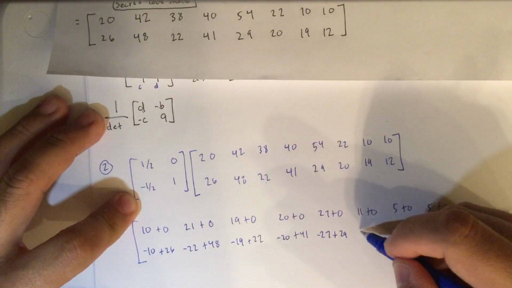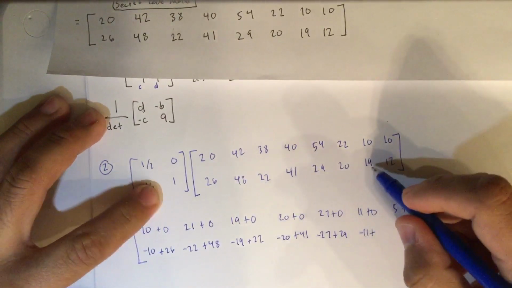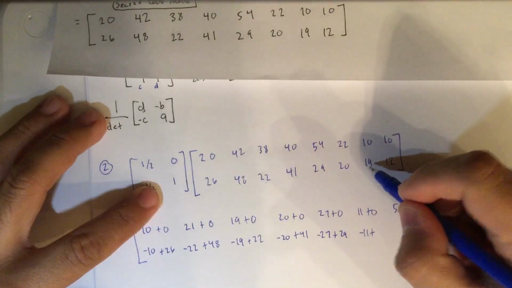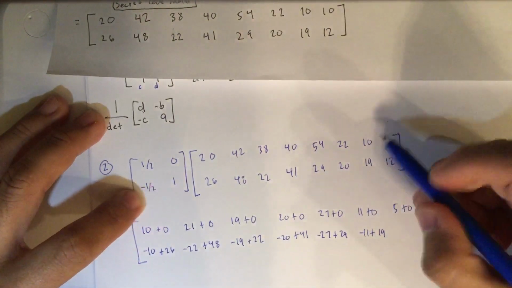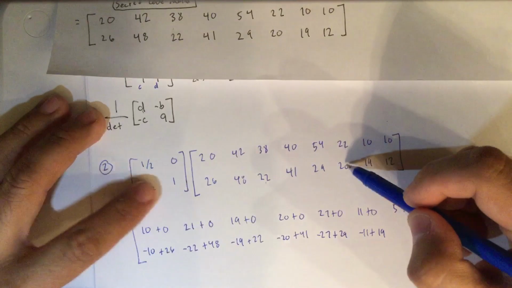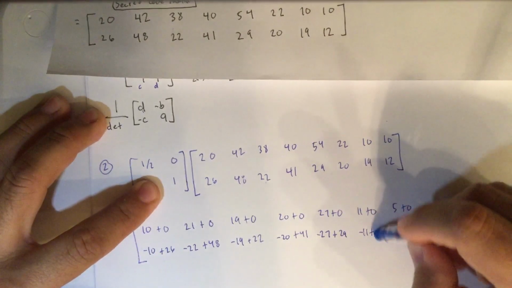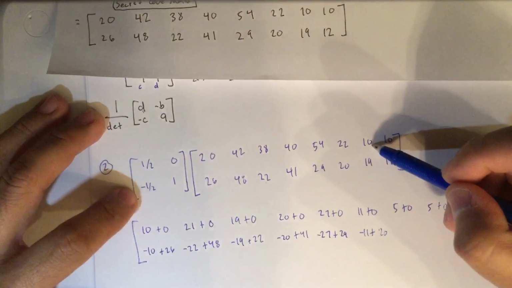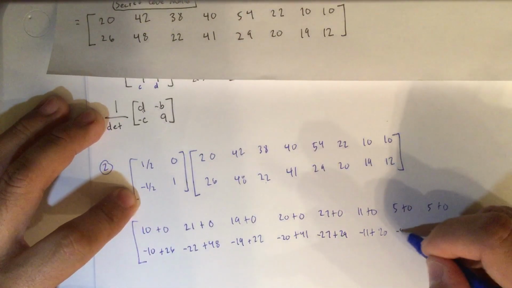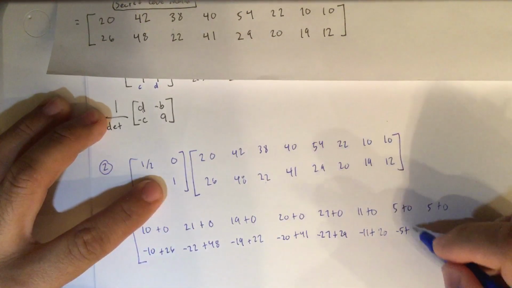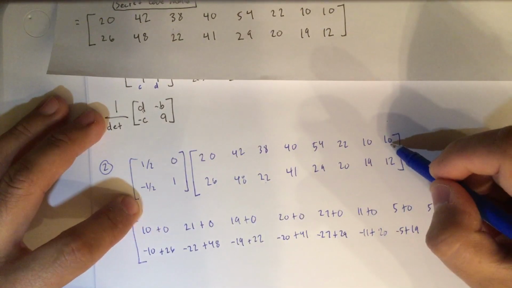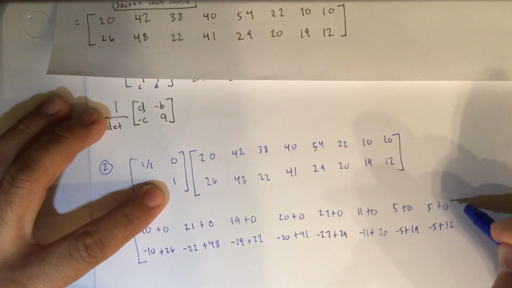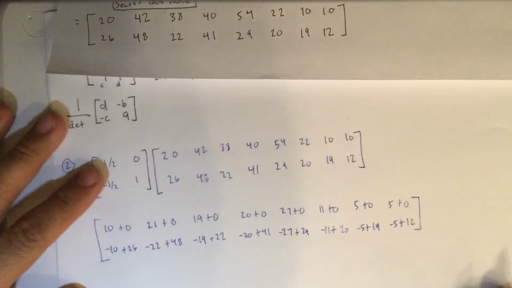Negative 1/2 of 22 is negative 11 plus, where am I at, 20. Negative 1/2 of 10 is negative 5 plus 19. Negative 1/2 of 10 is negative 5 plus 12. All right, so that's everything I've done so far.